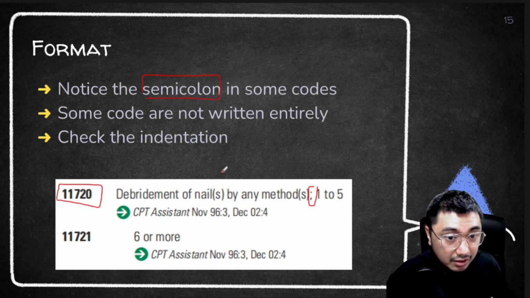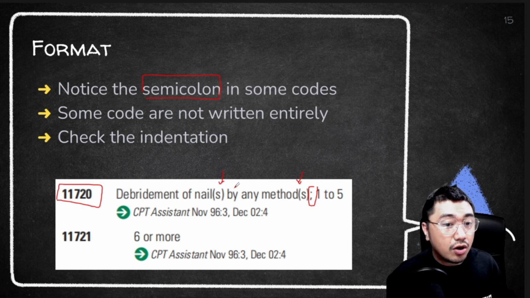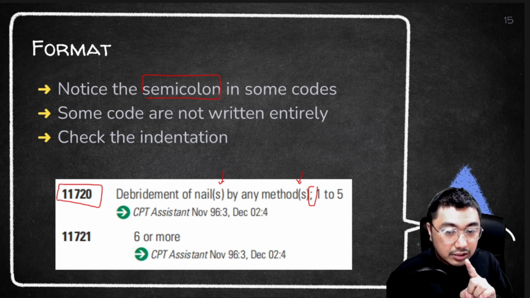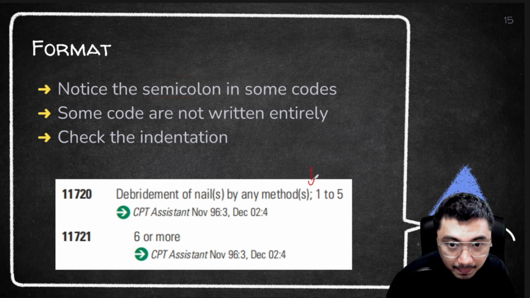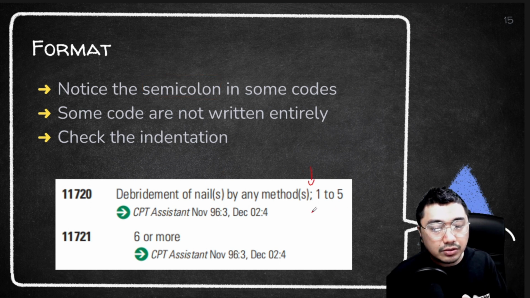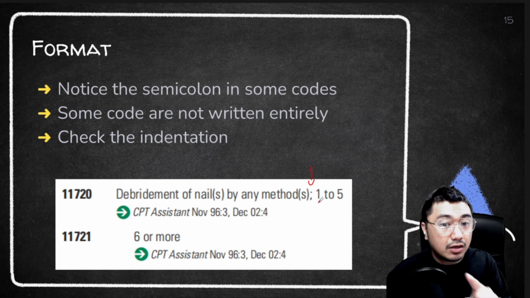Don't forget to check this parenthesis with S. It will indicate the plurality of that specific code, whether it's singular or plural. Then this semicolon, I will make it smaller so at least you can see what's next to it. You have a semicolon here, 1 to 5, and then you have your 6 or more listed here.